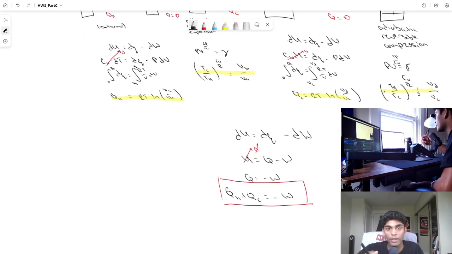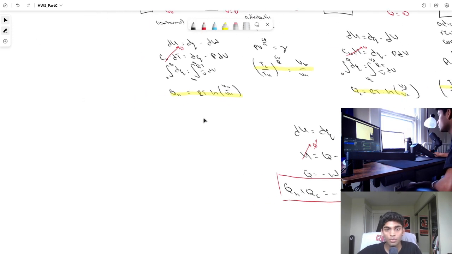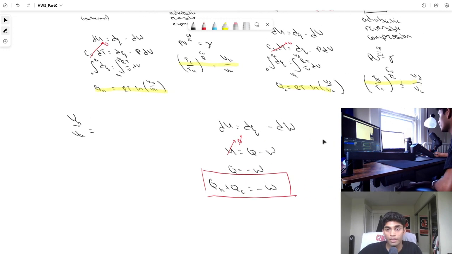And in order to get them equal, we can set one of these volume ratios equal to the reciprocal of the opposing one. So I'm going to do this by setting VB over VA equal to the reciprocal of this side, which is VC over VD.